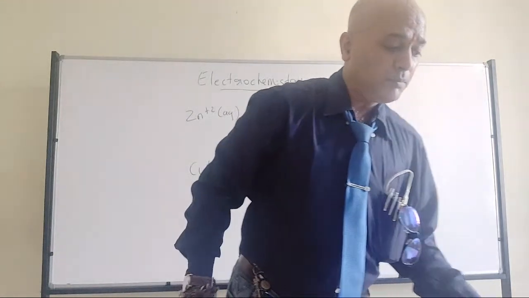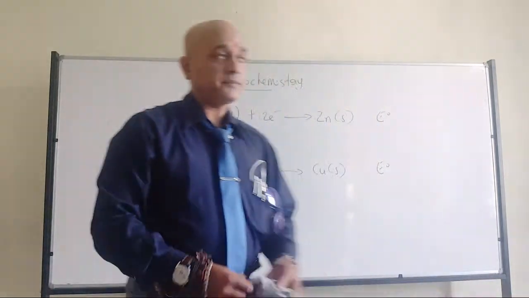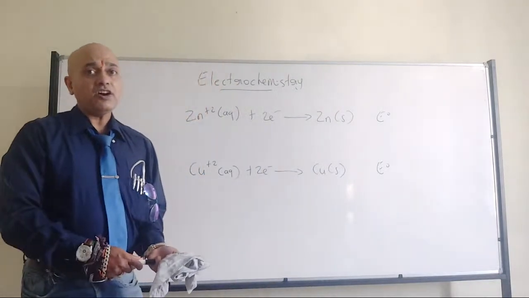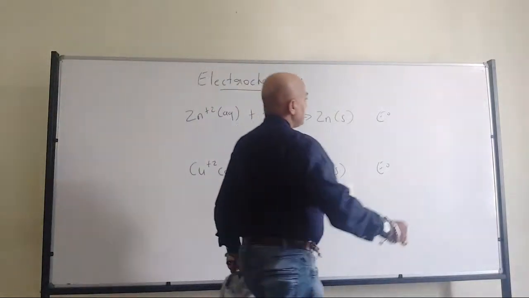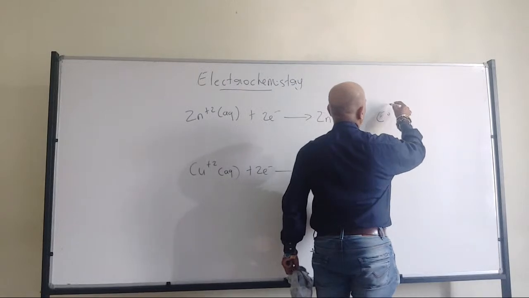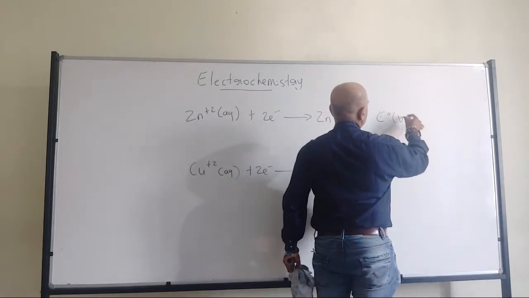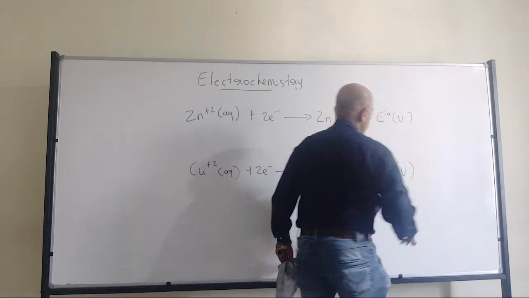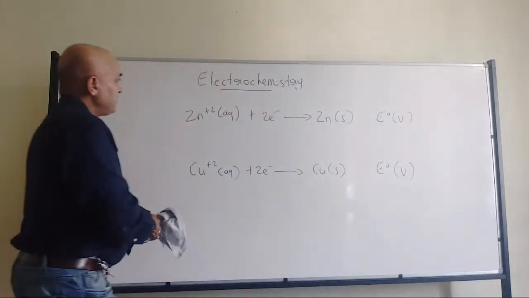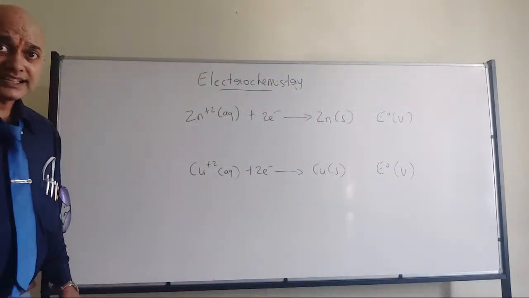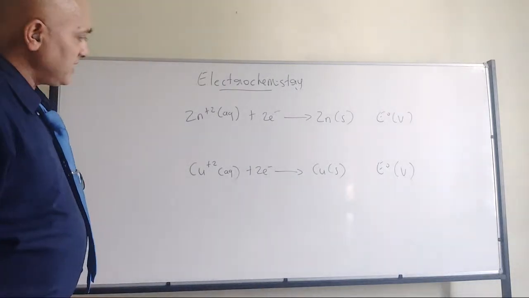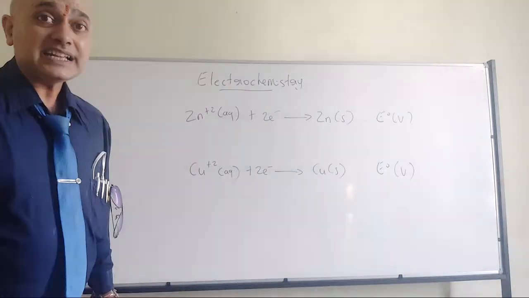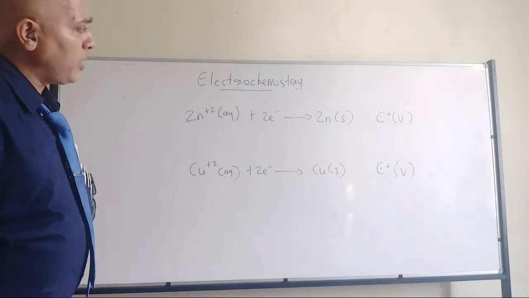Now when I am talking about redox potential, naturally the unit should be written in terms of voltage. So that's where we have the zinc ion accepting the 2 electrons and becoming zinc, and copper ion accepting the 2 electrons and becoming copper.